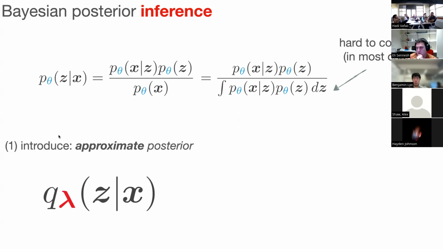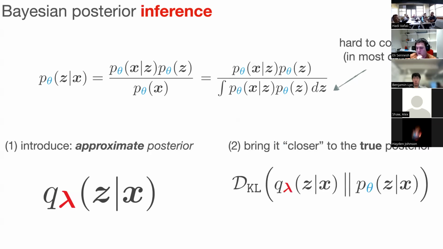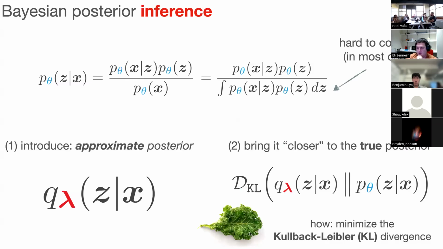And what we do is we introduce this new distribution called the approximate posterior or variational posterior with variational parameters lambda. And we want to bring it closer to the true posterior, which we measure using the Kullback-Leibler divergence, or the KL divergence. So we have this approximate posterior here, and then the true, or let's say optimal, posterior here.